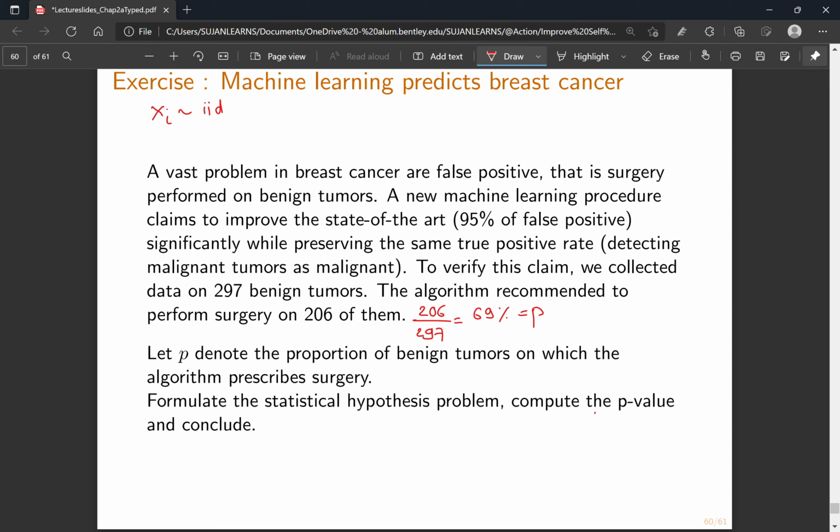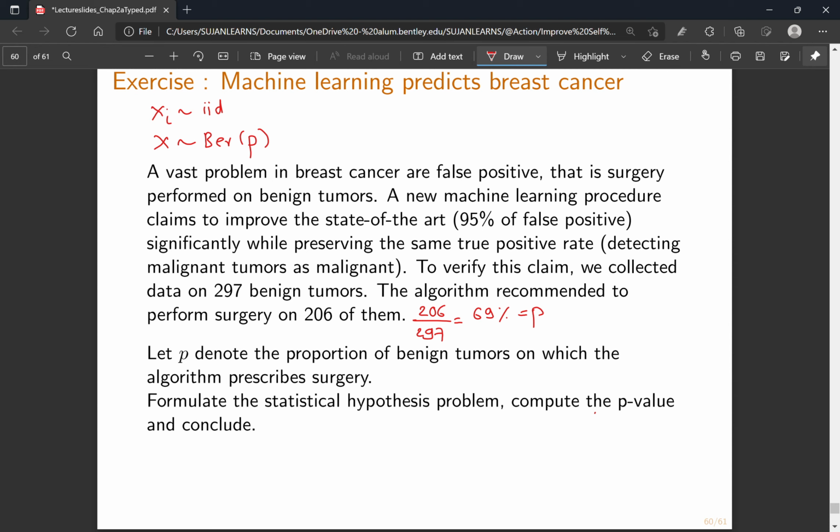Either it gives a false alarm or it doesn't. So each of these cases is a Bernoulli process. That's why X follows a Bernoulli distribution with parameter P, and P, we already know, is 69%.